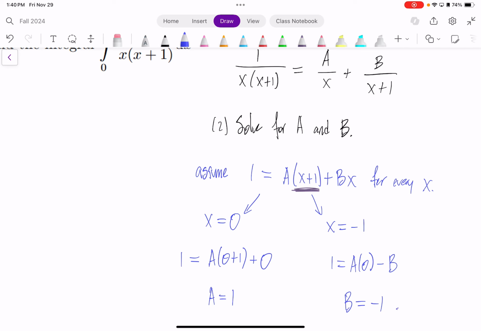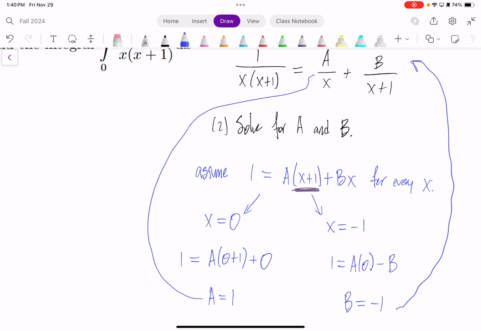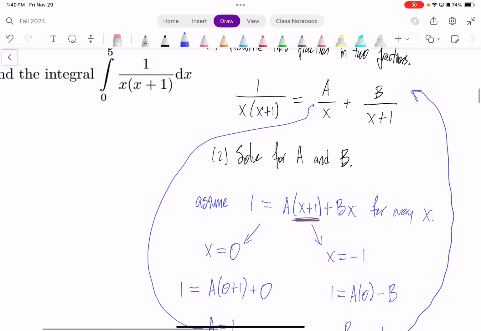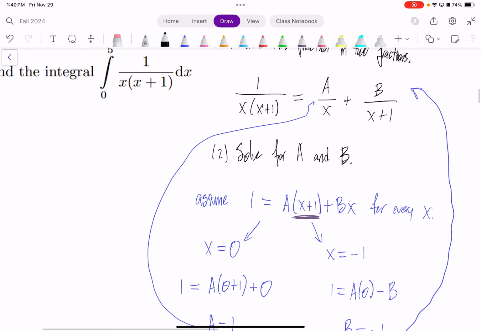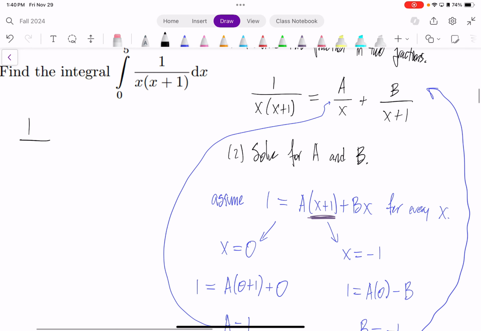Once we've solved for those two values, we can plug them back in as the components of this decomposition. So we just showed that 1 over x times (x plus 1) is equal to 1 over x minus 1 over (x plus 1).